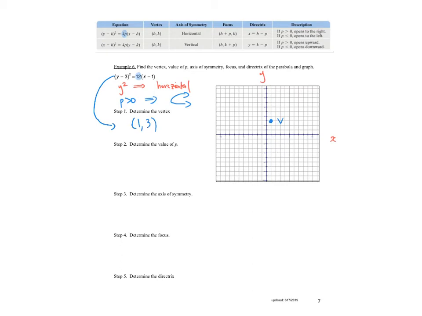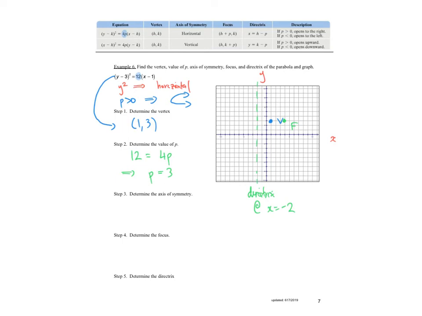We can algebraically solve for p because that 12 coefficient is always going to be our 4p. So p will simply be 3. Now, because we know our parabola is opening to the right, I can throw down the focus 3 units to the right, and I can throw down the directrix 3 units to the left of the vertex. So that would be here, and that's at x equals -2.